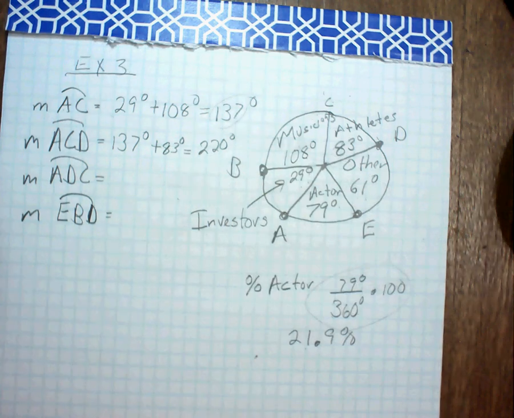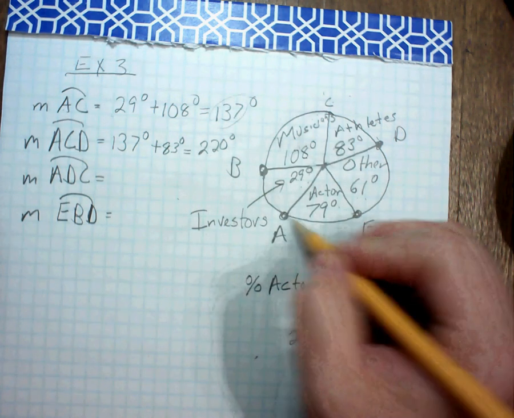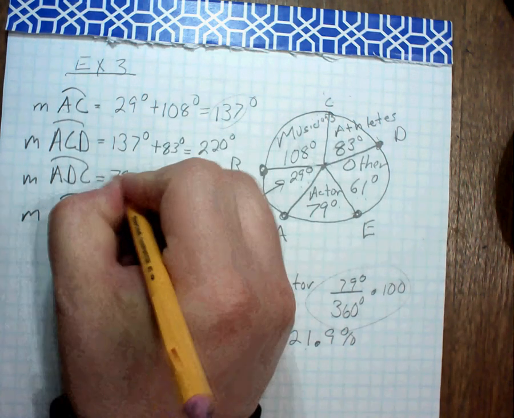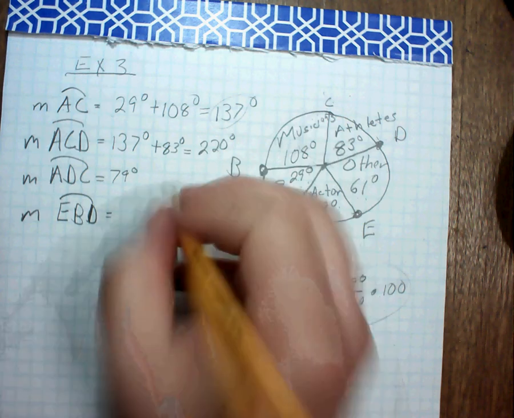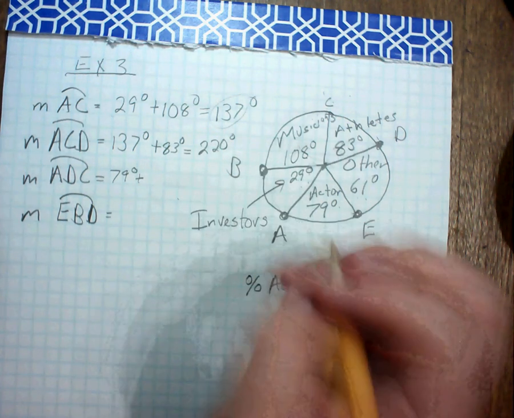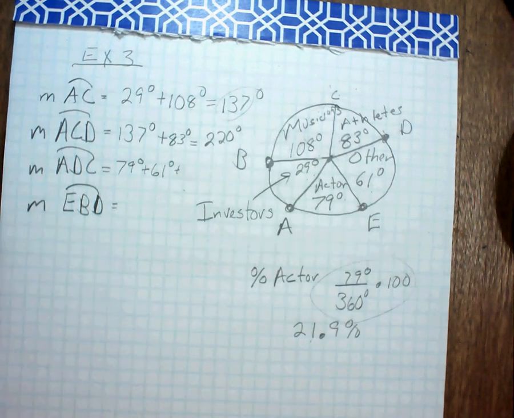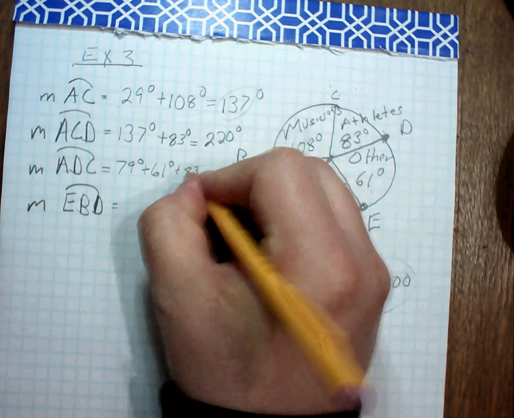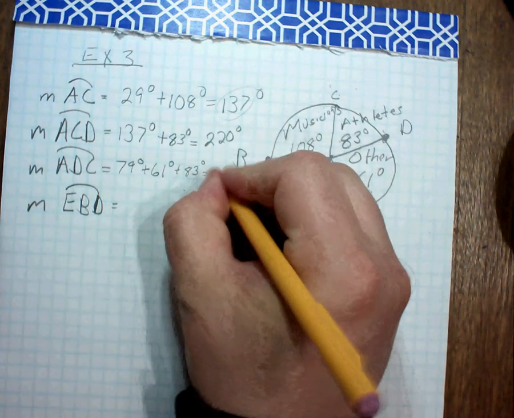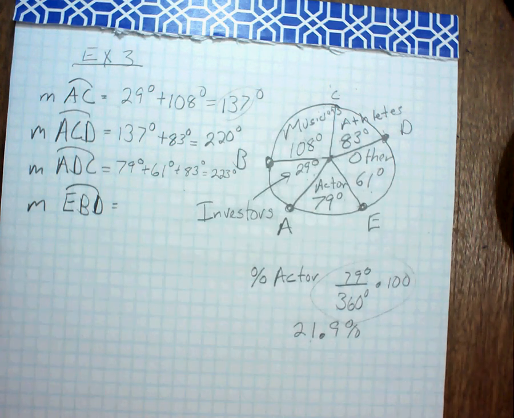And then it says ADC, so now what that wants us to do is go this way, ADC. So I'm going to add 79 plus 61 plus 83. And you get 223.